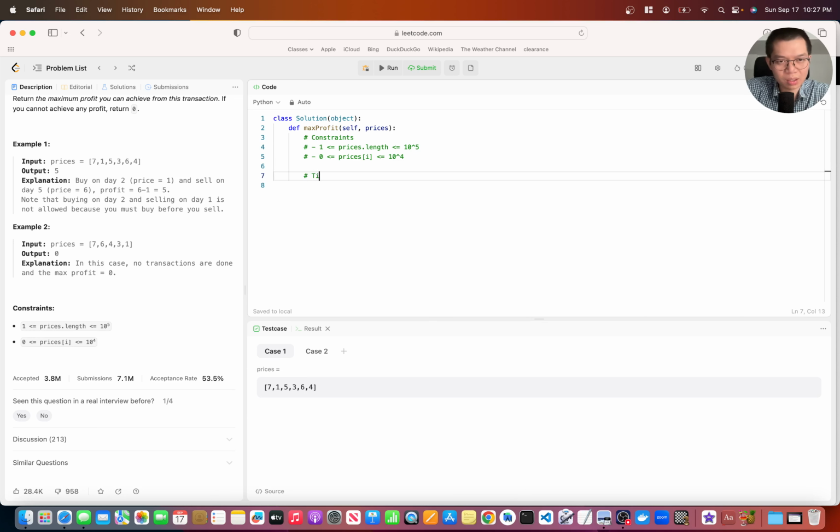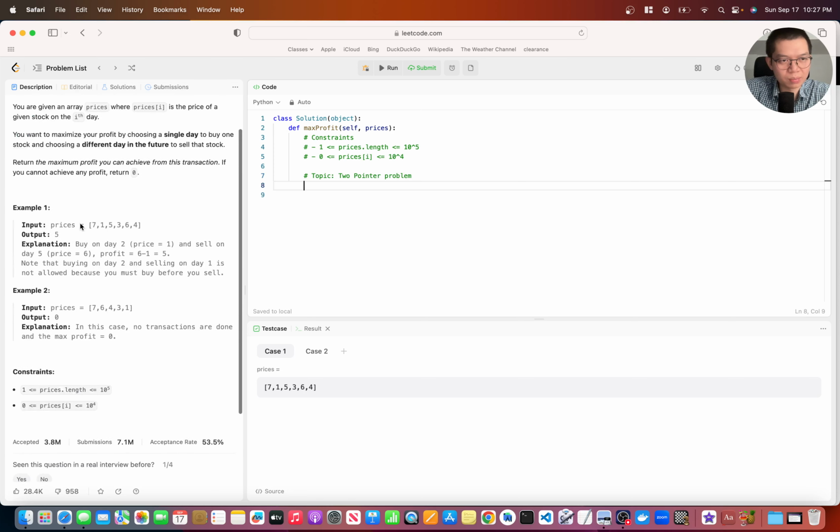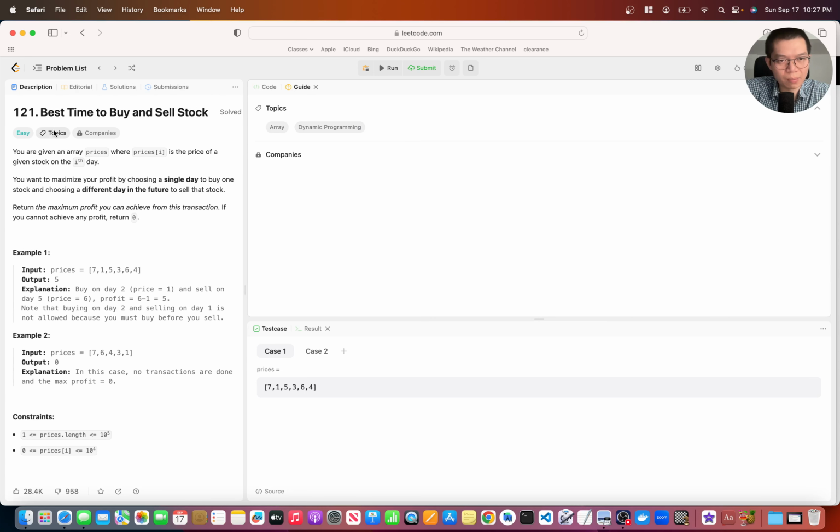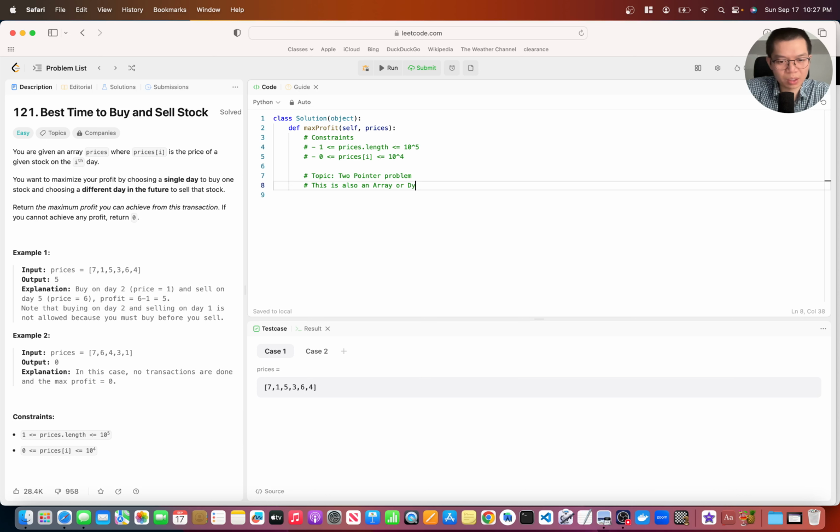I think this is a 2-pointer problem, but this can also be solved in a myriad of different ways. It's also an array or dynamic programming problem. So let's take a look at the approach.